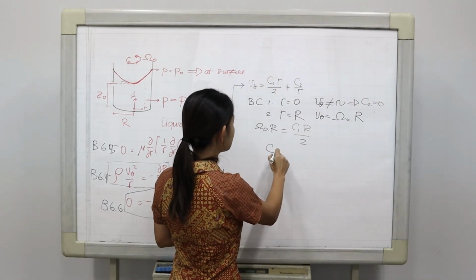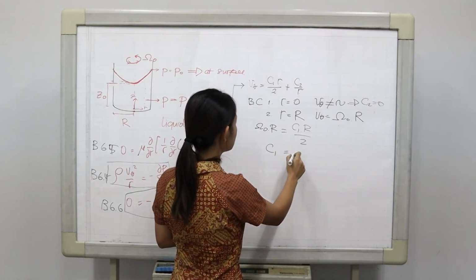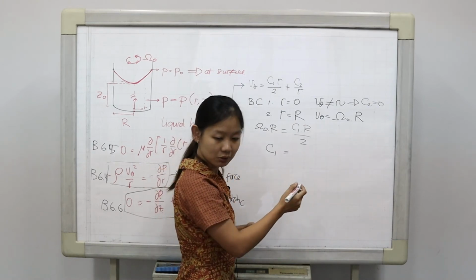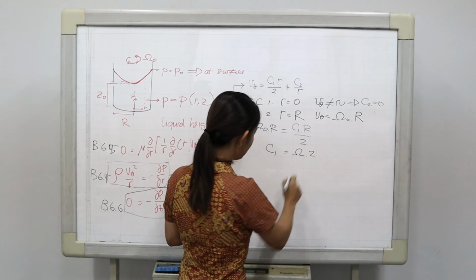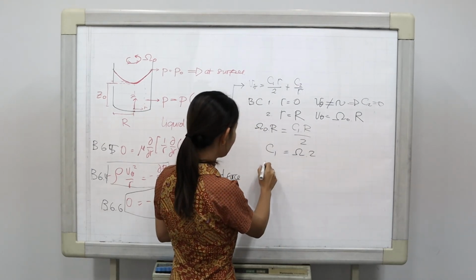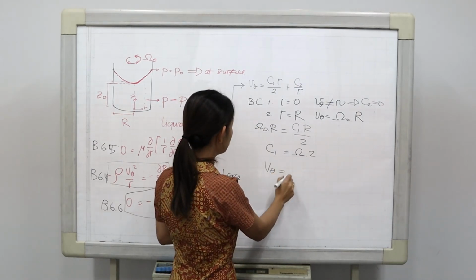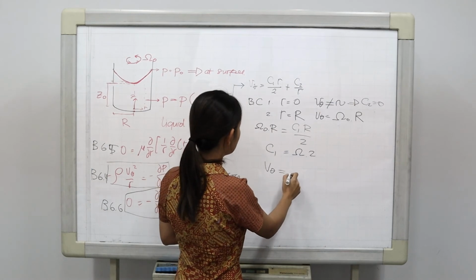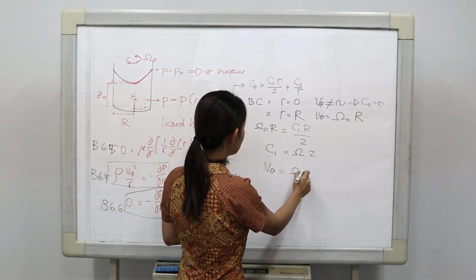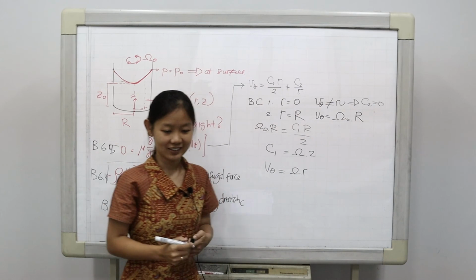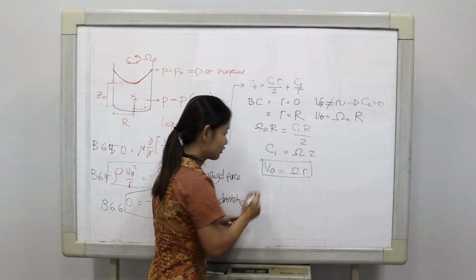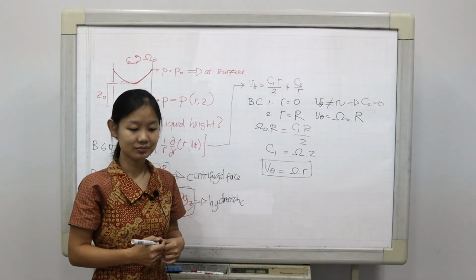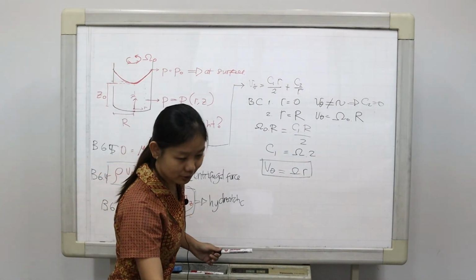That will give us C1 equal to omega times 2. And thus we have phi theta equal to omega r, only omega r. So this is our velocity profile.